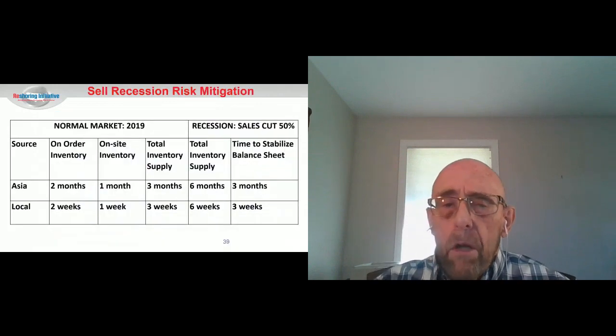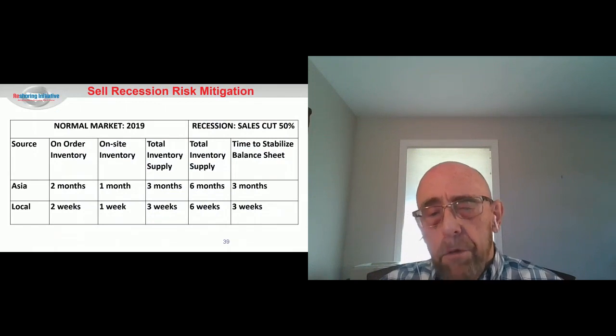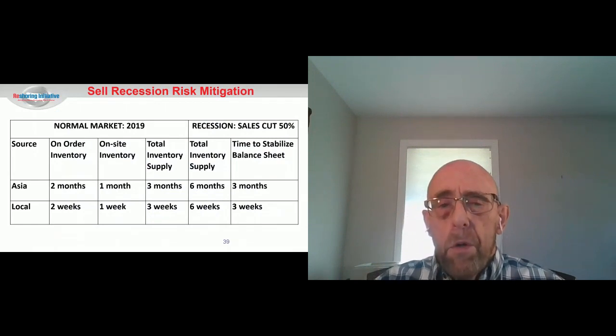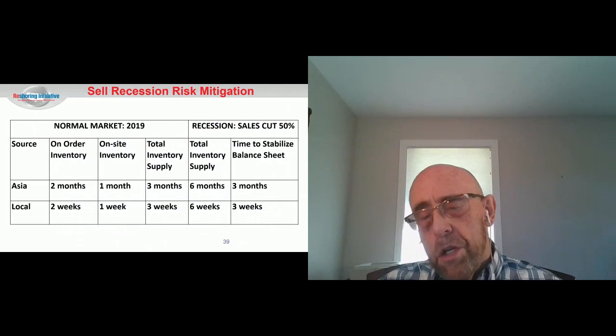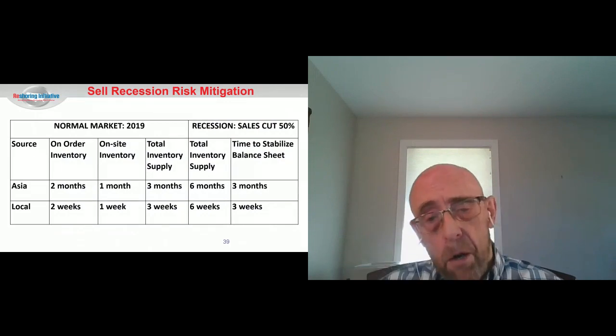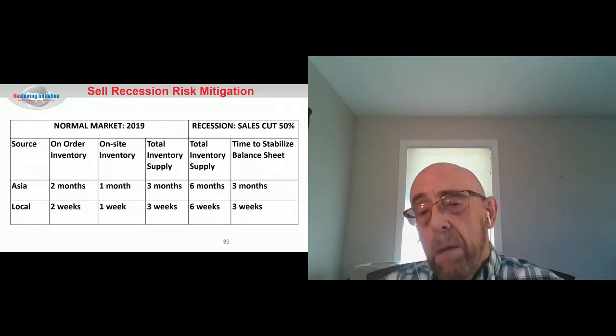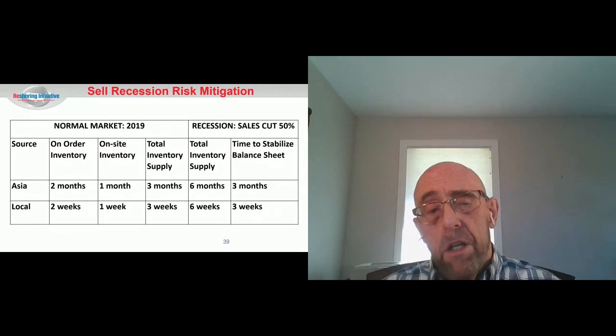We're in or have gone through a recession, and recessions are painful. One thing you can do is sell what I call recession risk mitigation. What I've done here in this chart or table is compare how long it takes the balance sheet to stabilize if the company is sourcing from Asia versus locally, maybe 6 months from Asia and 6 weeks from local.